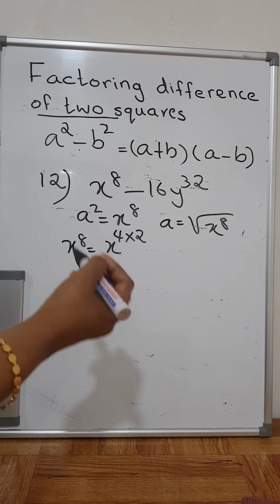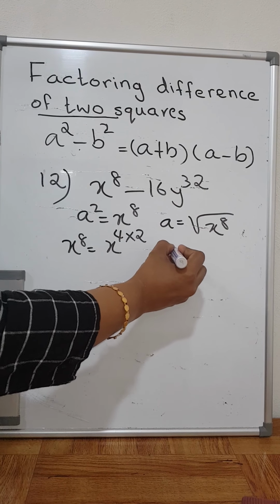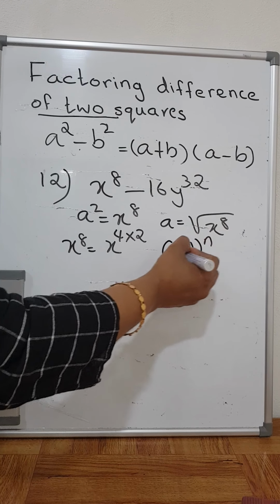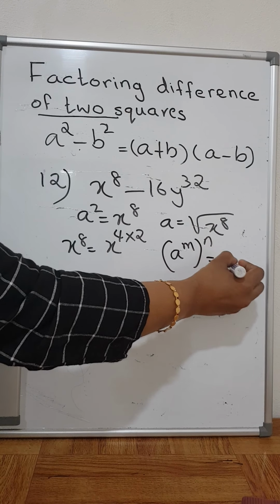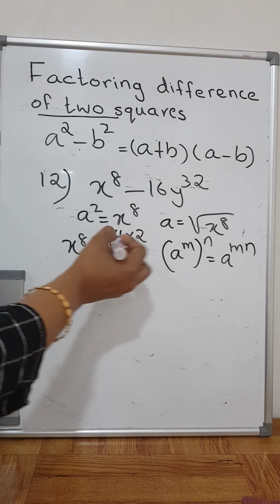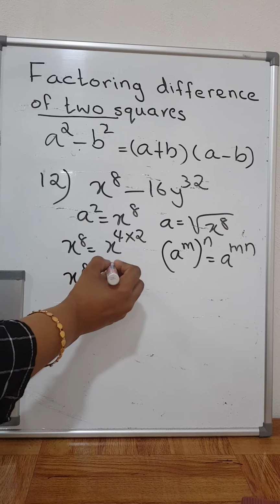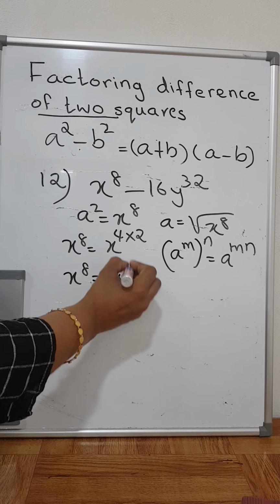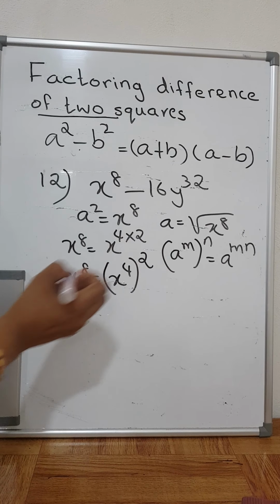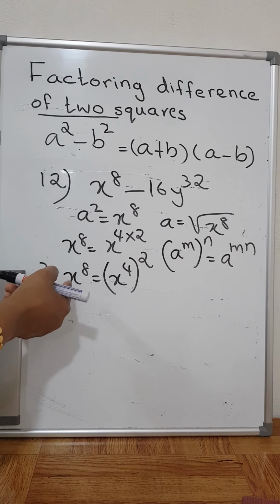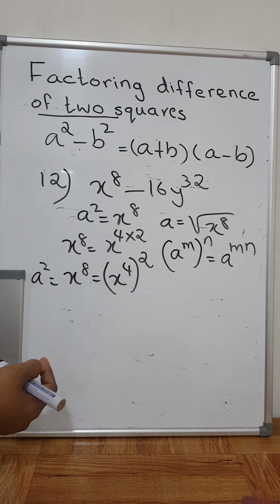Now using the power law in indices, we know (a to the power m) all to the power n is a to the power m times n. We can apply that here. So x to the power 8 becomes (x to the power 4) the whole square. Now you see here, our a² is equal to (x to the power 4) the whole square.